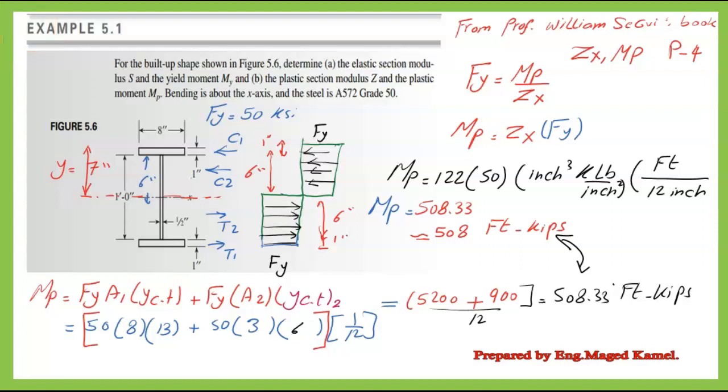The value of M sub p equals 50 multiplied by 122, divided by 12, to get M sub p equals 508 foot kips. We could also use the expression of F sub y by A1 Y1 star plus F sub y by A2 Y2 star, and then divide by 12, which will give the same result.